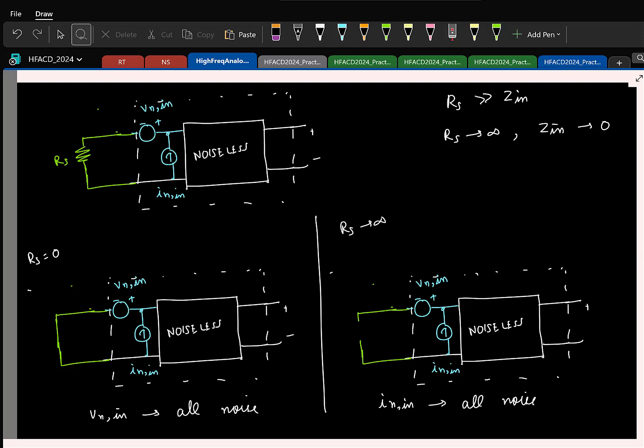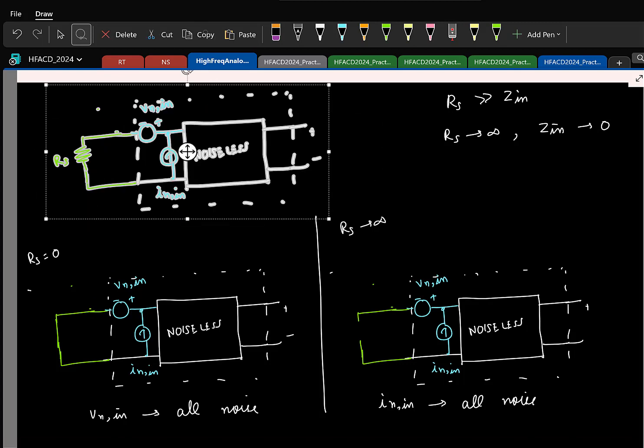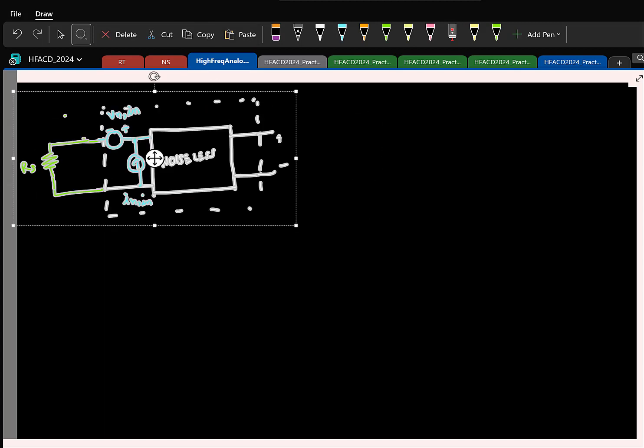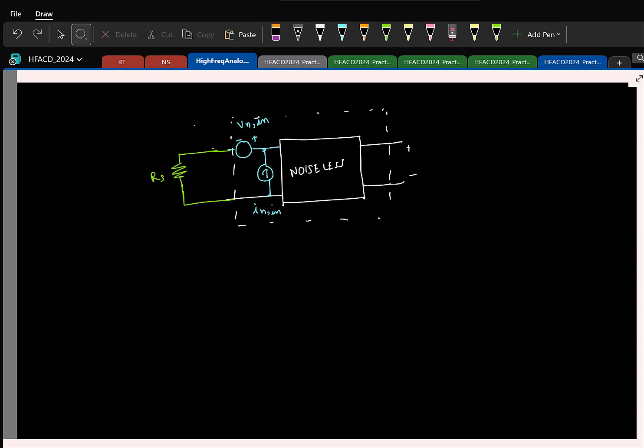So let me just summarize it. What we are saying is this: to model the noise generated in a linear two-port network, we need both an input referred noise voltage and an input referred noise current, and that is needed because we don't know what the source resistance is going to be, right?